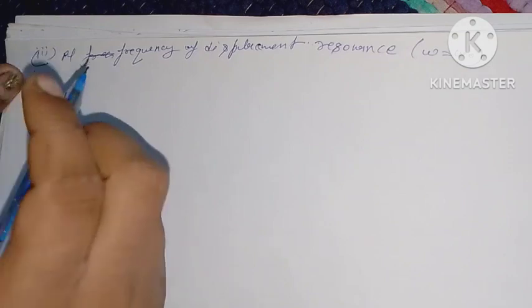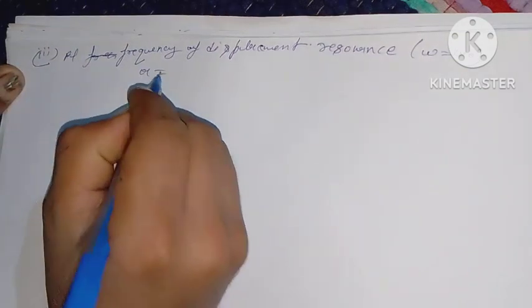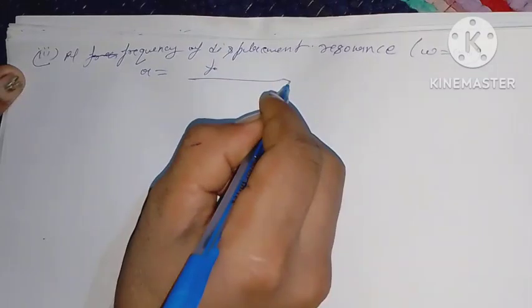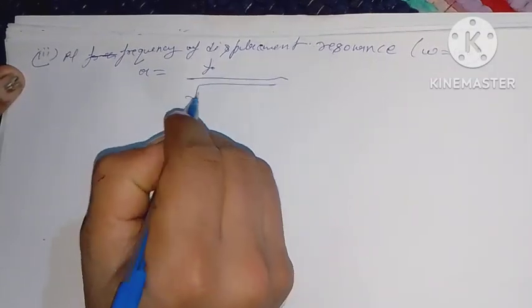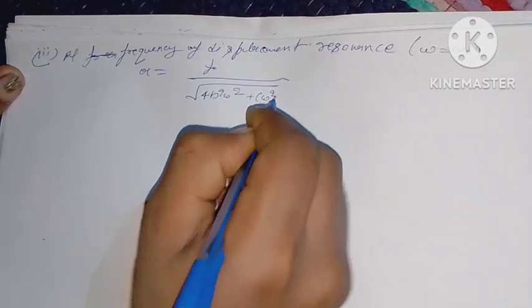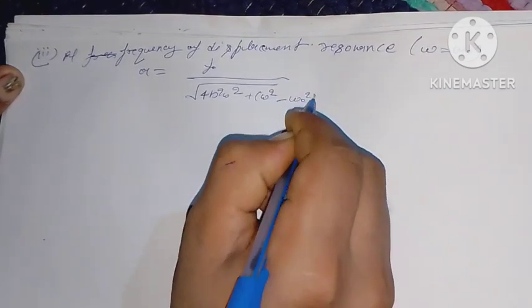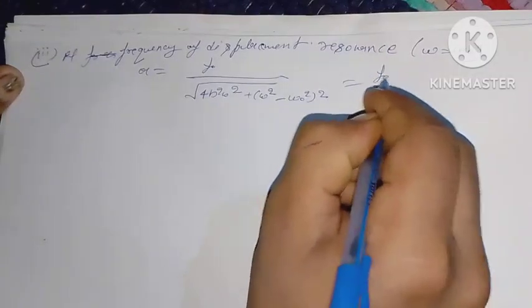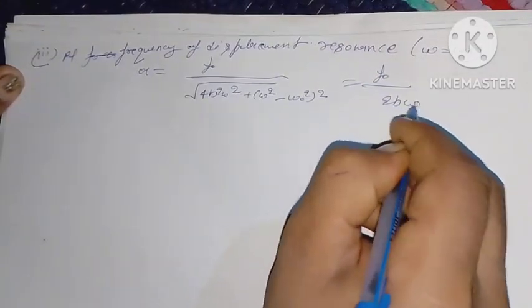At this stage, the amplitude is given by A equal to F naught upon under root of 4b square omega square plus omega square minus omega naught square whole square, that is F naught by 2b omega.